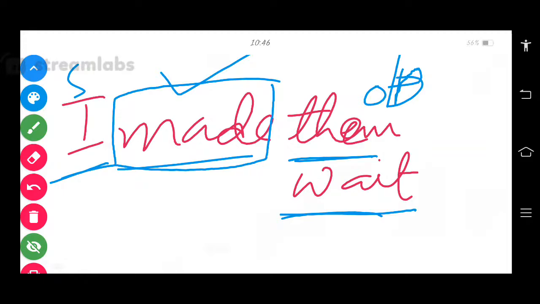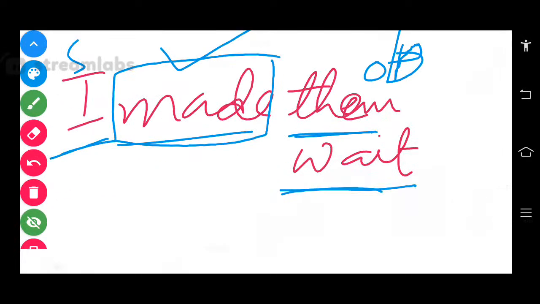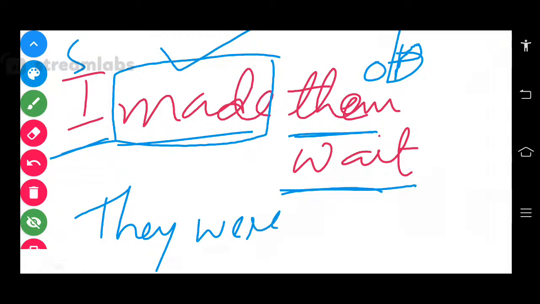When we have to change such sentences into passive, the bare infinitive has to be used as a to-infinitive. So the answer has to start like this: them becomes they, and made is the second form, they were made, and here wait is the bare infinitive, so it is to be used like to wait.